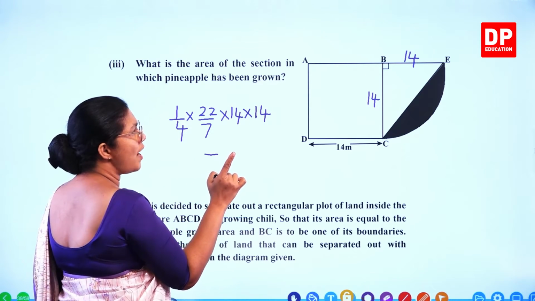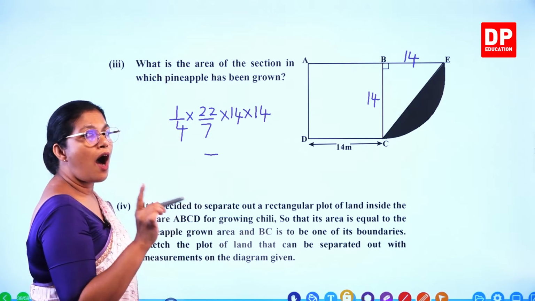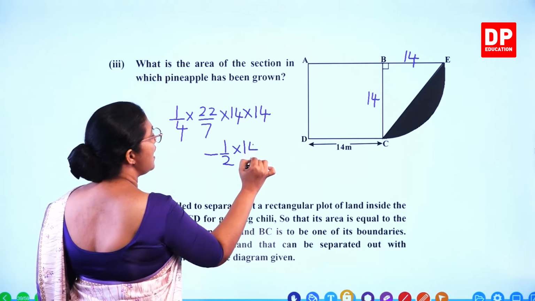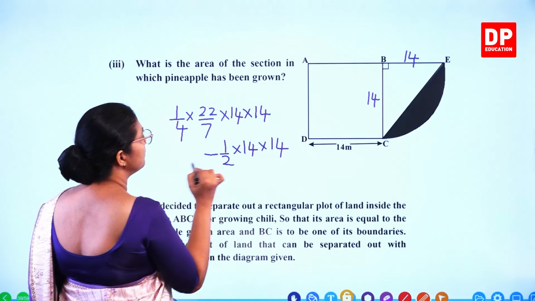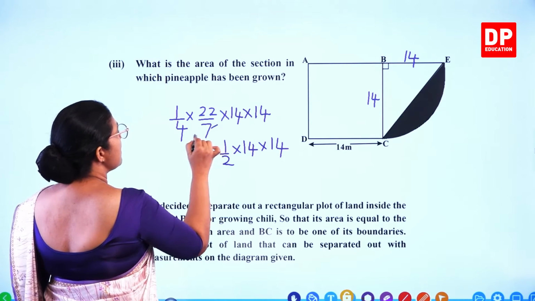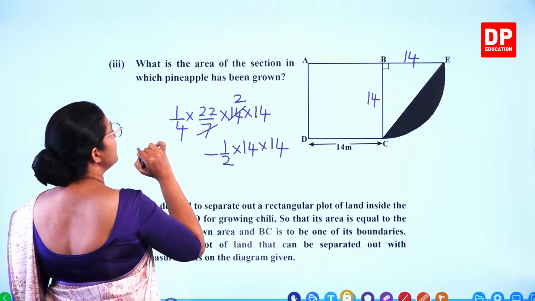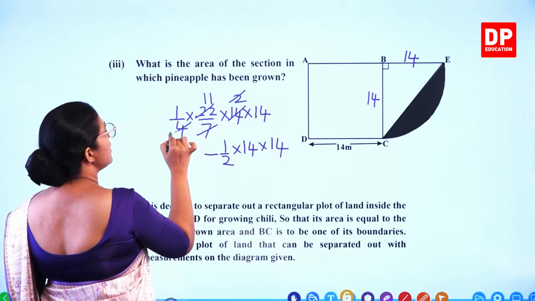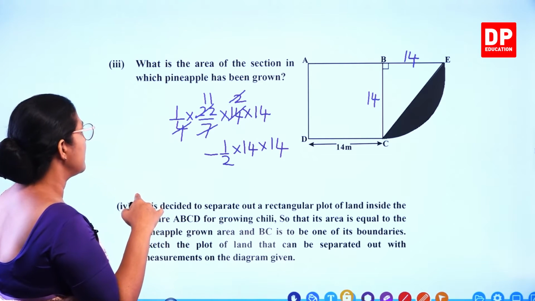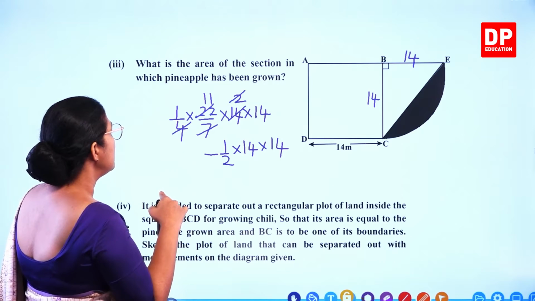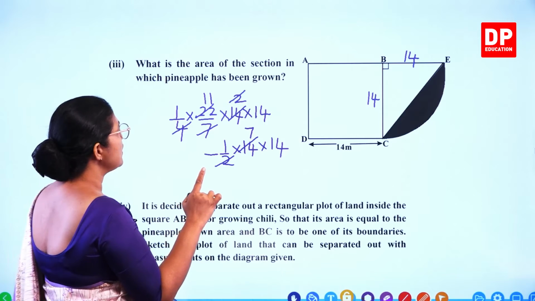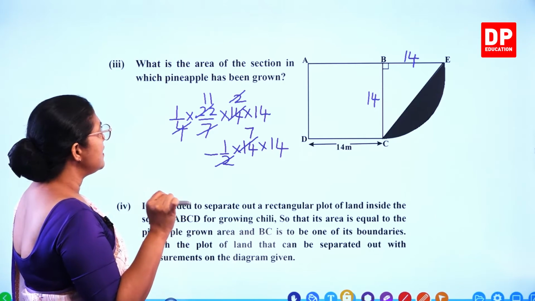Minus the area of the triangle. What is the area of the triangle? Half into base into height. Half into base length 14 and height is 14. 7 times 2 here, then 2 and this 2, you get 4. So cancel out with that, and 2 with this one, 7. 11 times 14, how do you multiply easily by 11?